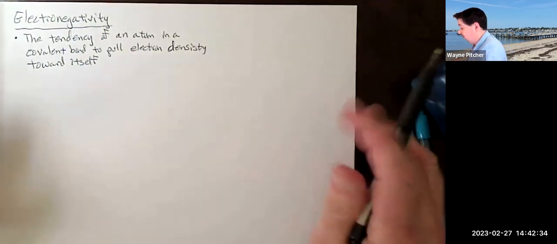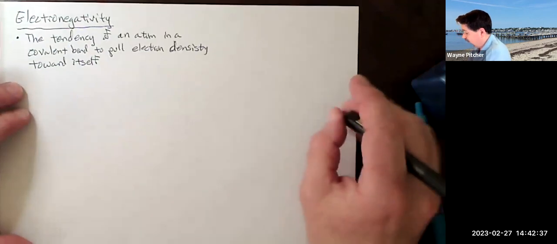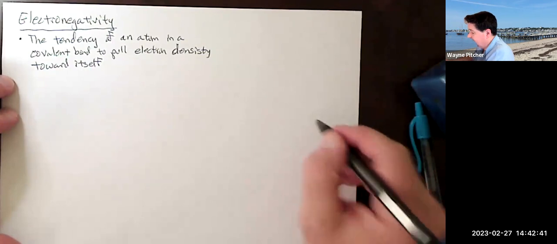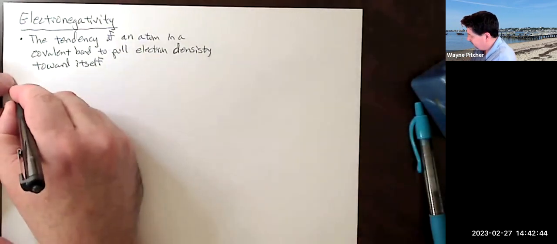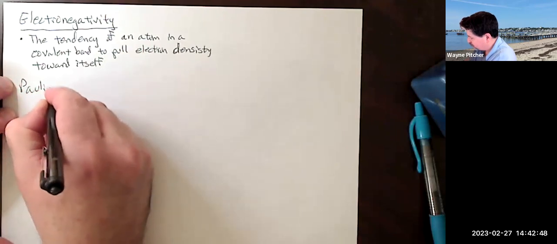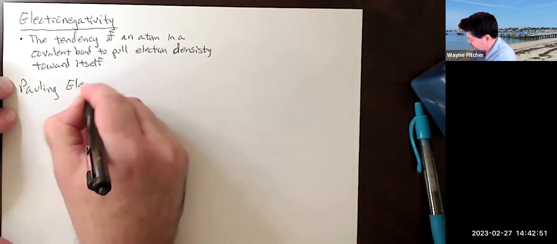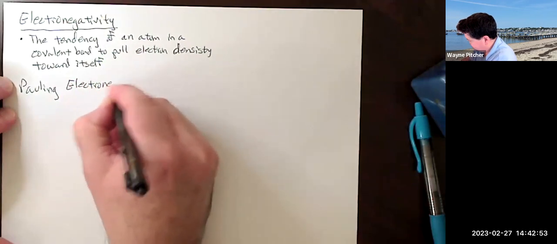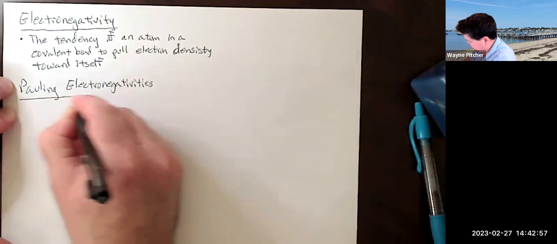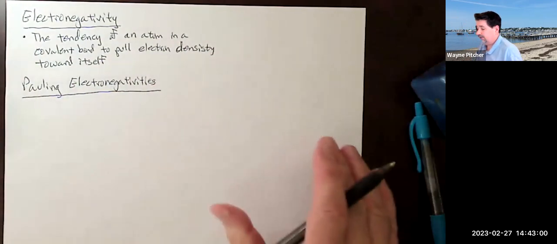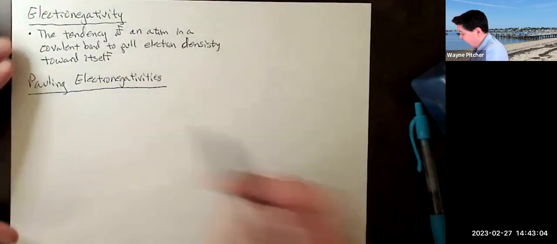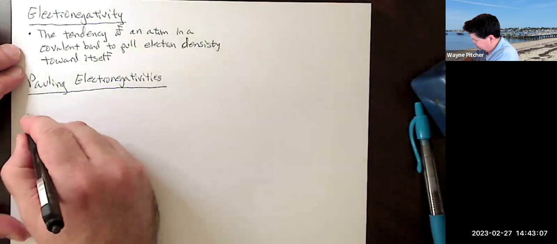Electronegativity is the tendency of an atom in a covalent bond to pull electron density toward itself. And we can assign some quantitative values to electronegativities. And these are on the Pauling electronegativity scale, named after Linus Pauling.